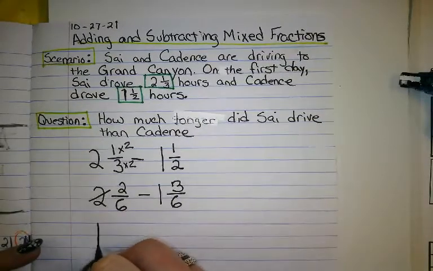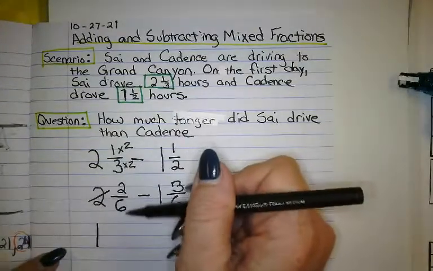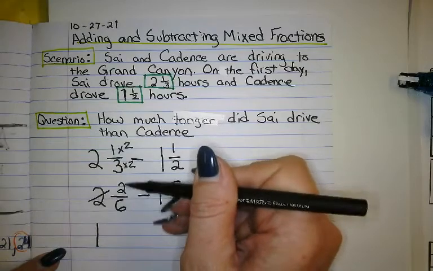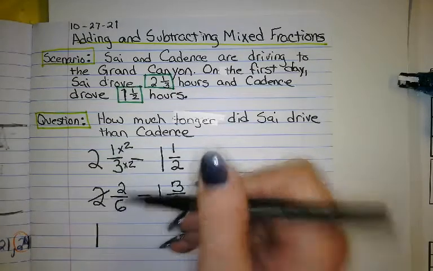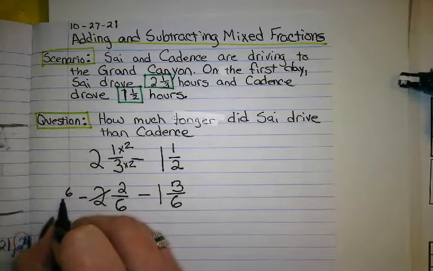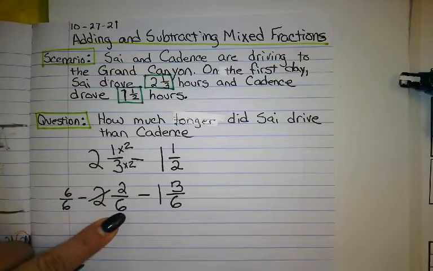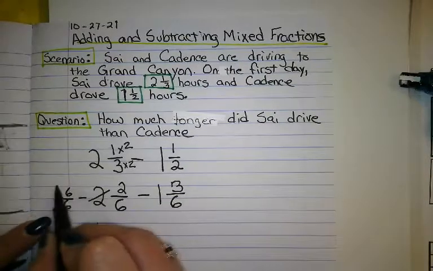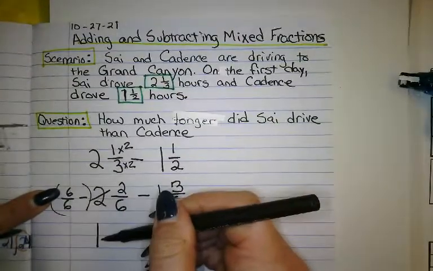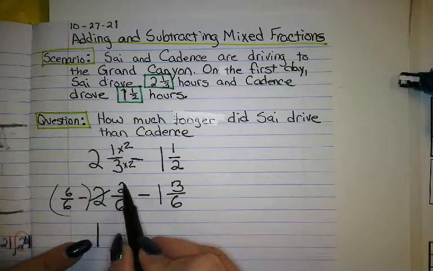That would leave me with 1. But that 1 whole that I took out, I have to put back over here. So if I take out 1 whole from 2, I'm going to make that 1 whole look like 6 over 6, just so that I keep the same denominator. Do you see what I did here? I'm subtracting 6 over 6, or 1, from 2. And then I'm going to put that back over in my fraction area.